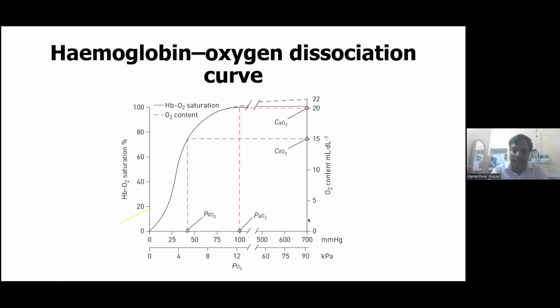However, what will be the effect on the oxygen content of the plasma of the arterial blood? There is virtually very little increment in the oxygen content of the plasma, from 20 to 22 millimeter mercury. Only 2 ml per deciliter increase in oxygen content of the plasma will be there.